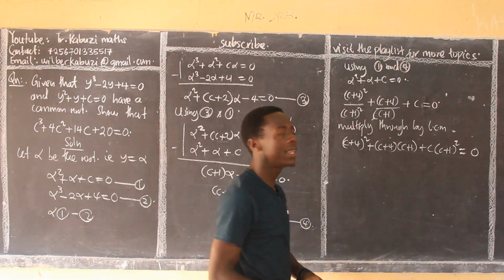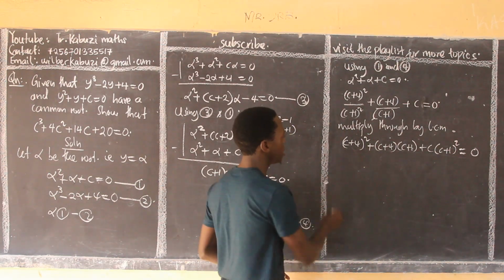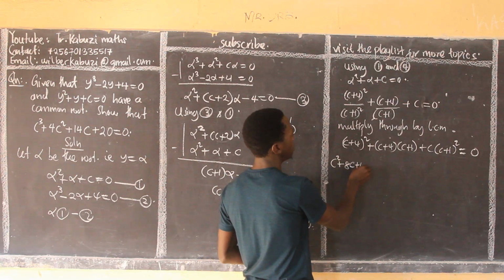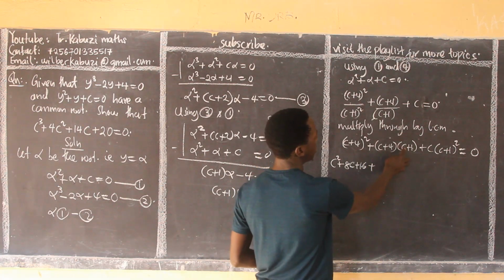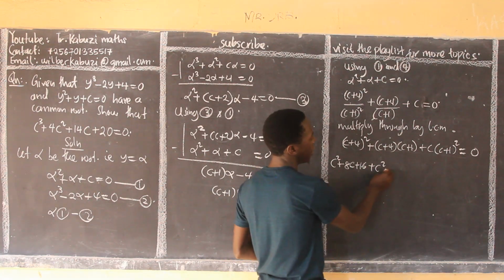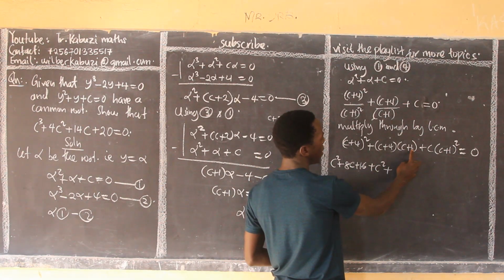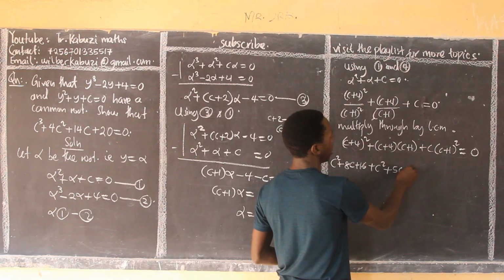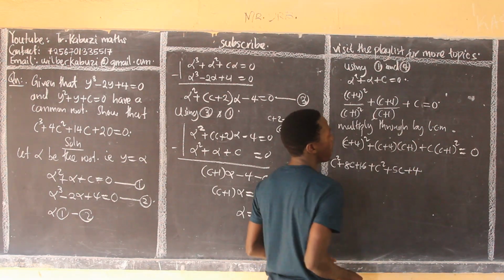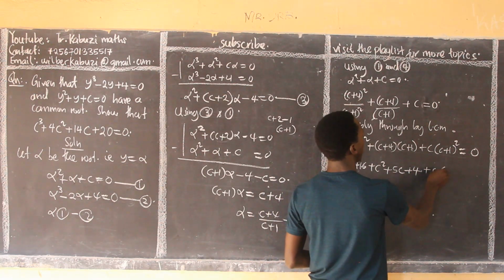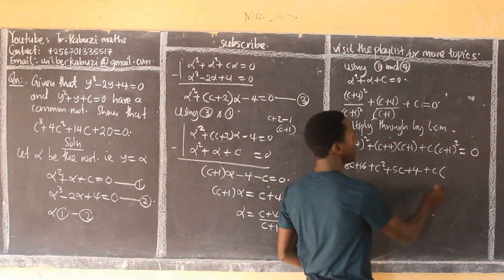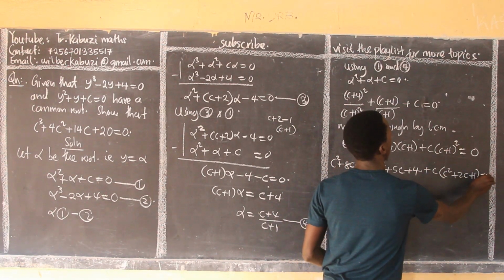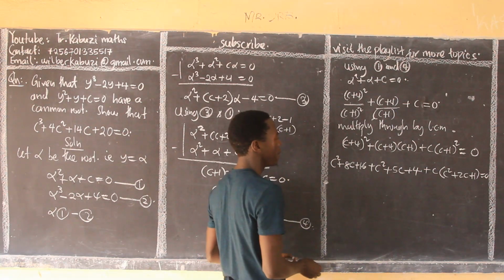Here now the remaining thing is just algebra. We expand this to get c squared plus 8c plus 16, plus, then plus 1 plus 4 to get 5c, then plus 4, then plus c into, we first expand this, equal to 0.